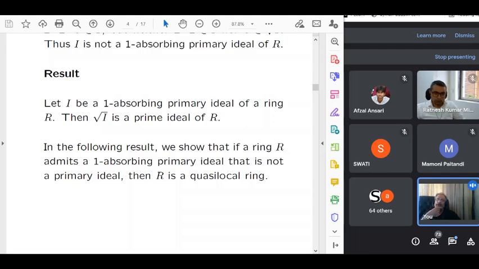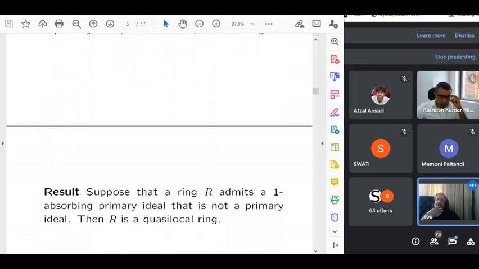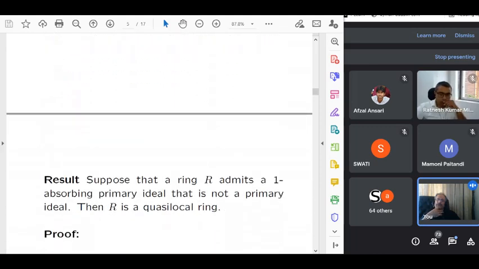If your ring is not quasi-local, that means there is no difference between one absorbing primary and primary. Okay?